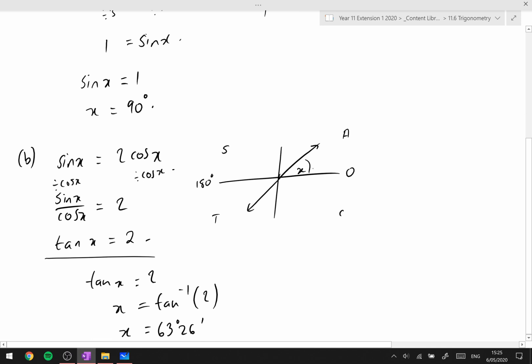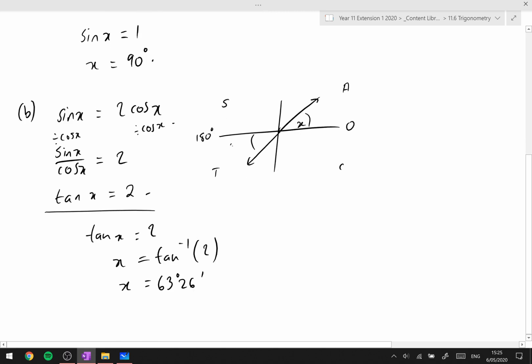After we worked out the acute angle, we know that that angle in there is the same as well. So that's also 63 degrees and 26 minutes, using the related acute angle. And then this one would be equal to 180 degrees plus 63 degrees 26 minutes, okay? So that's how you would do that one.